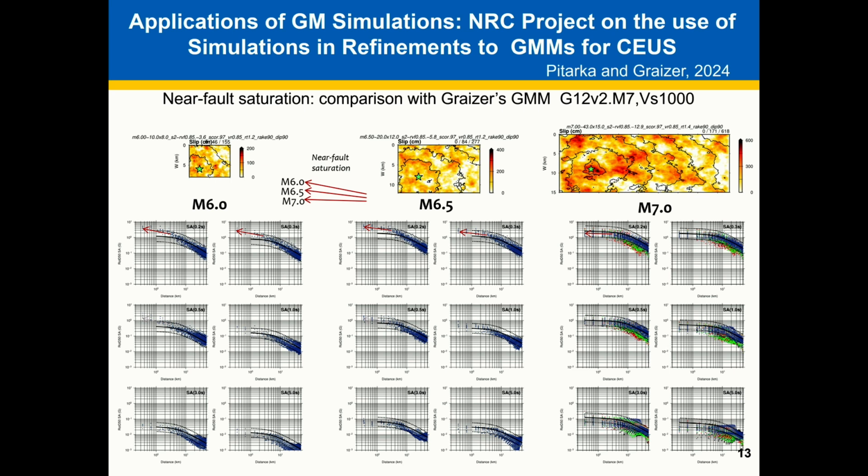What we found is that their empirical models behave relatively well at short distances. That means there is some kind of saturation with distance. But simulations suggest that if you move to smaller magnitudes like 6.5 or 6, there is undersaturation that is not well predicted by some of the ground motion models produced for that part of the country.